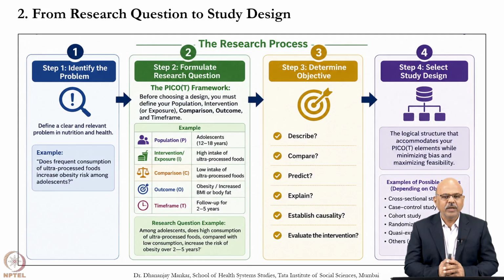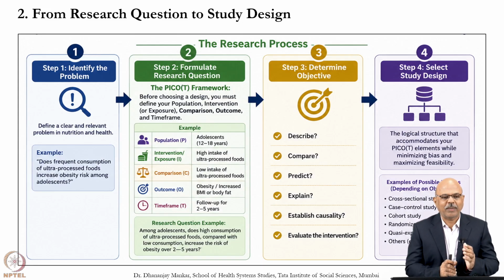So from research question to study design, we will try to take up the entire research process. In a research process, firstly, we go with step 1, that is identifying the problem. If your problem is very clear, you can define it, you can make it more relevant, especially now when we are discussing nutrition epidemiology, the problem should be clear and relevant to nutrition and health.